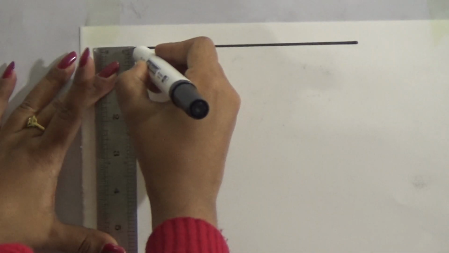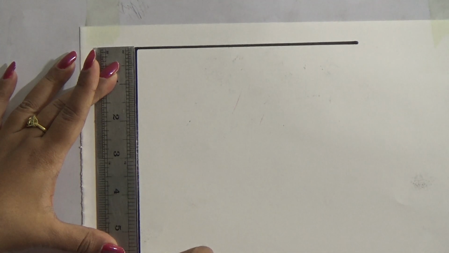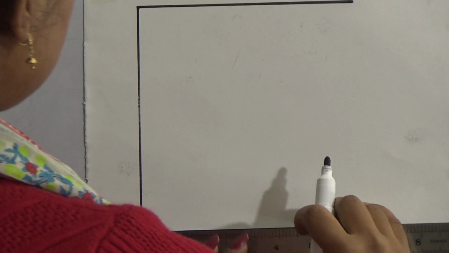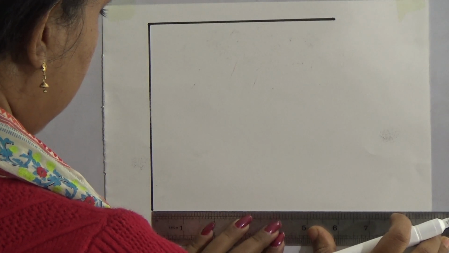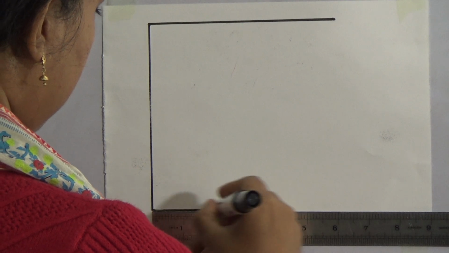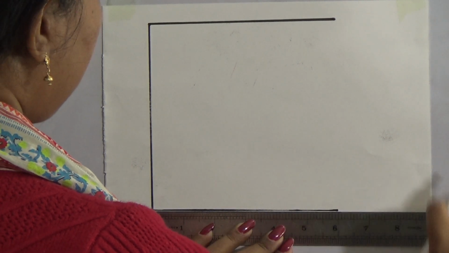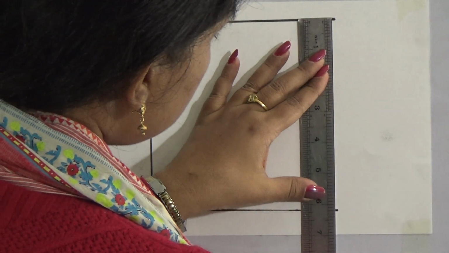Six inch. Again draw a 6-inch line. Another is also 6-inch. And the fourth one is also 6-inch.